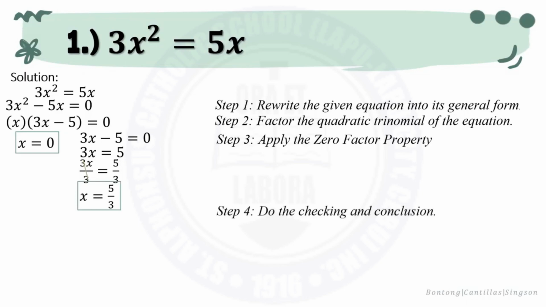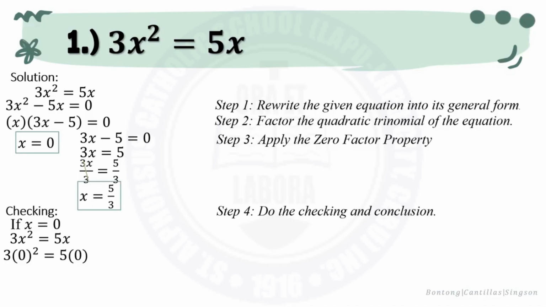Step 4, do the checking and conclusion. Remember, in checking, you need to substitute the values of x into the given equation. So if x is 0, write the given equation and substitute the value of x, which is 0. So you have 3 times 0 squared equals 5 times 0. There's no problem with 5 times 0 because that is 0.